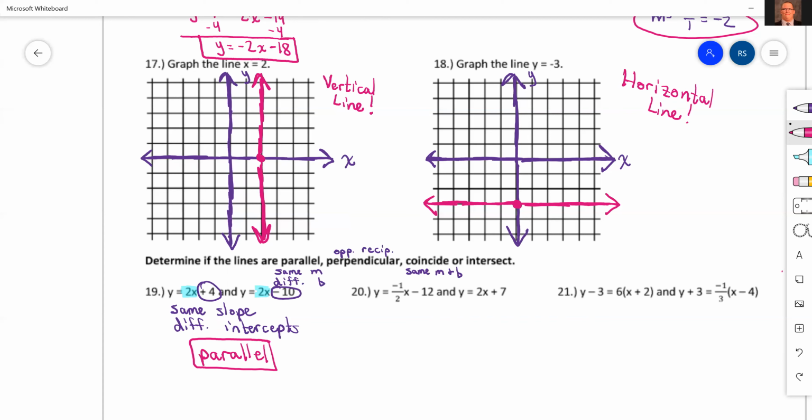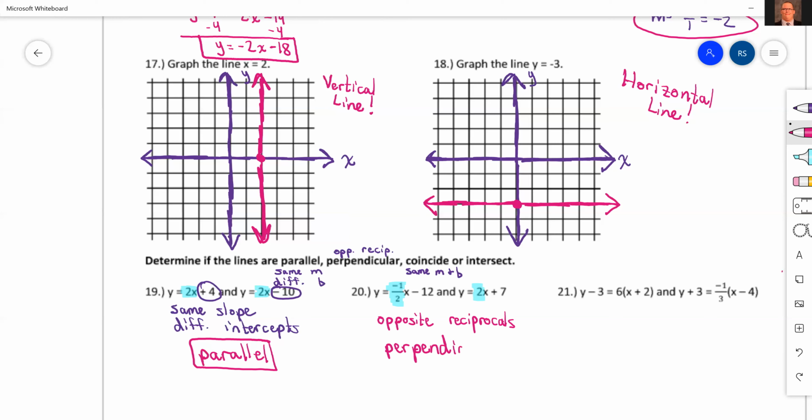Okay, for 20, first thing we need to do, look at the slope. So one has a slope of -1/2. One's got a slope of 2. These are opposite reciprocals. So which one has slopes that are opposite reciprocals? Perpendicular.